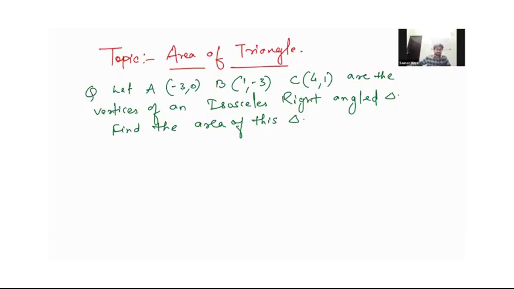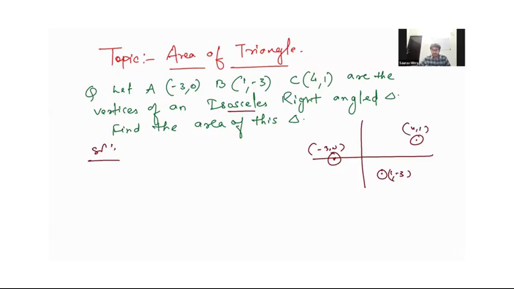Since A, B, C are the vertices of an isosceles right angle triangle, if I plot this rough diagram, (-3, 0) will be somewhere here, (1, -3) will be somewhere here, and (4, 1), this is 4 and this is 1, will be somewhere here.